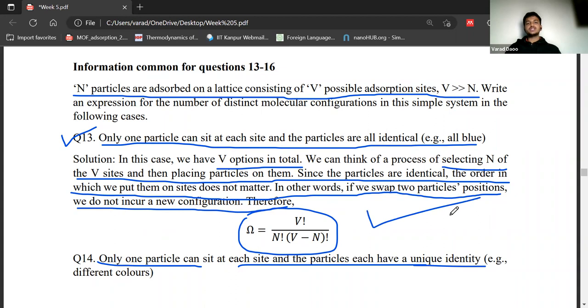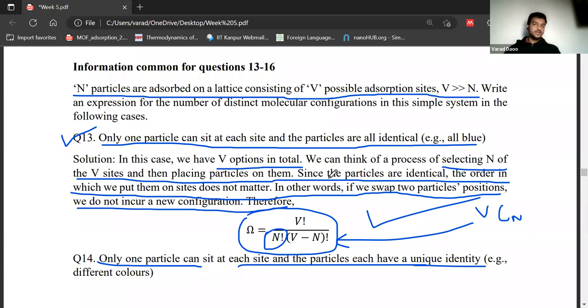Hence, the total number of ways is BCn, which is nothing but this value. Out of B sites, we are choosing n sites. Because the particles are identical, we are using the C; otherwise, we would have used the P. That is why this n factorial has come out. If the particles were not identical, we would not have been using this n factorial.